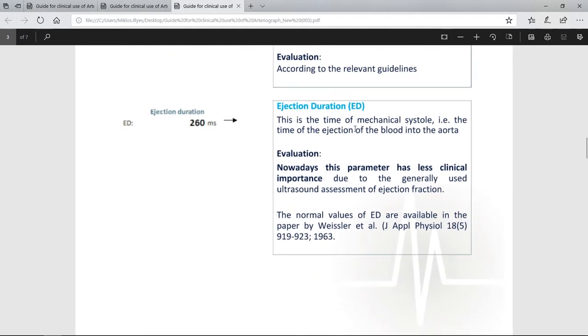Ejection duration. The ejection duration is the mechanical systolic time, that is the time of the ejection of the blood into the aorta during systole.